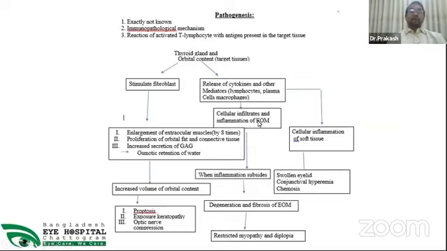So there is cellular infiltration and inflammation of the extraocular muscles. When the inflammation subsides, it causes degeneration and fibrosis of the extraocular muscles.